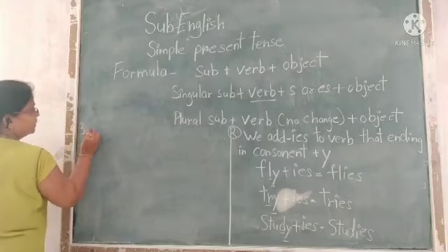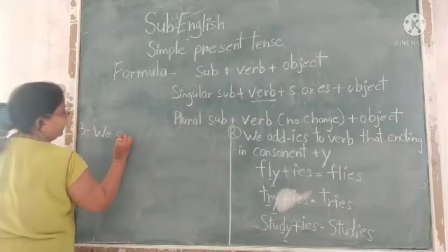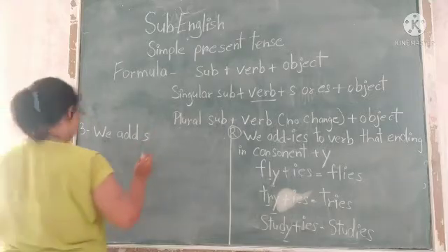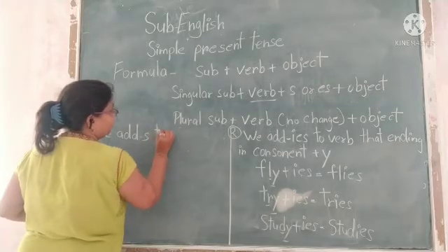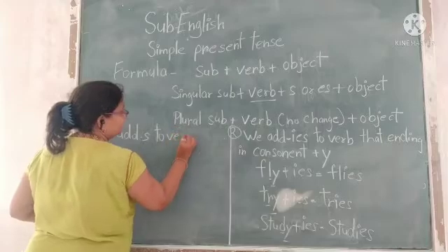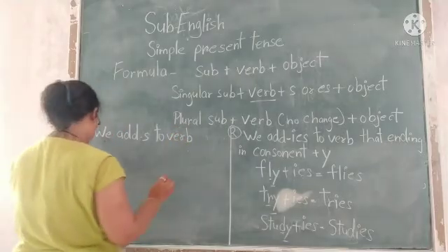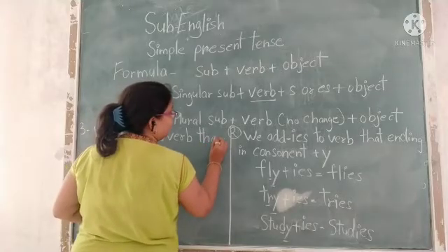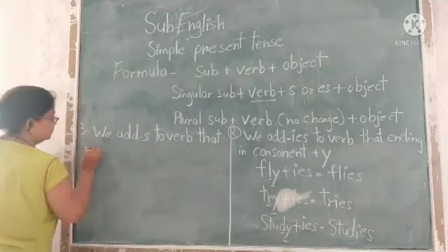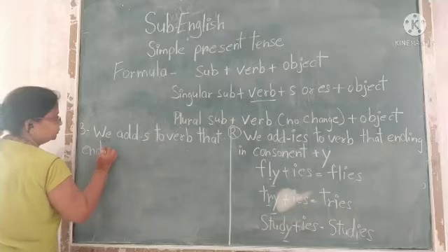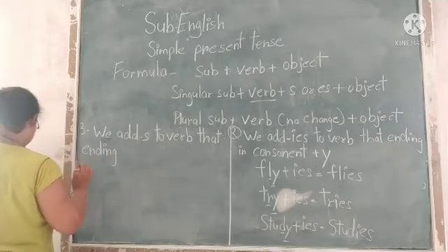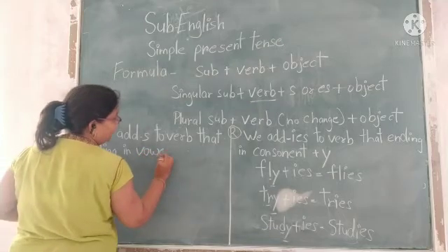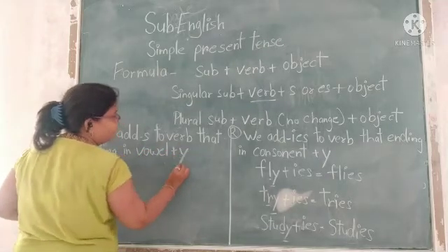Rule number 3 is we add s to verbs that end in vowel, V-O-W-E-L, vowel plus y.